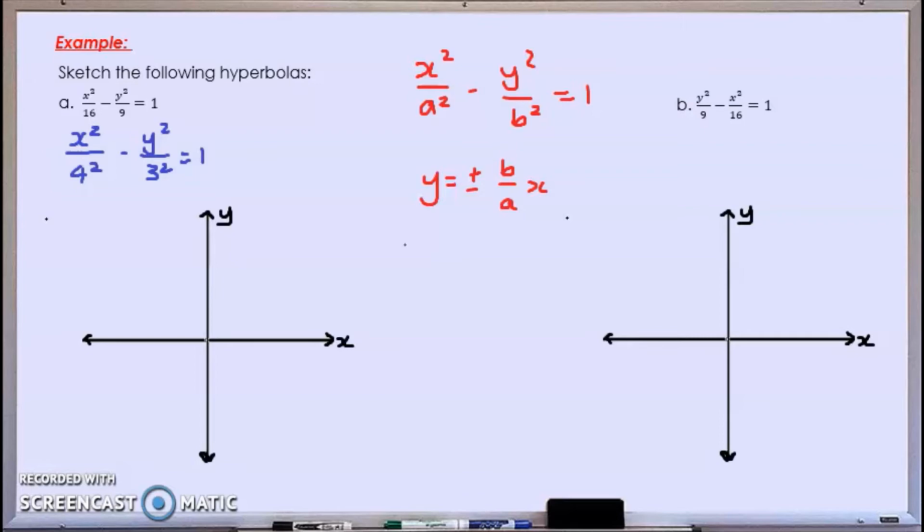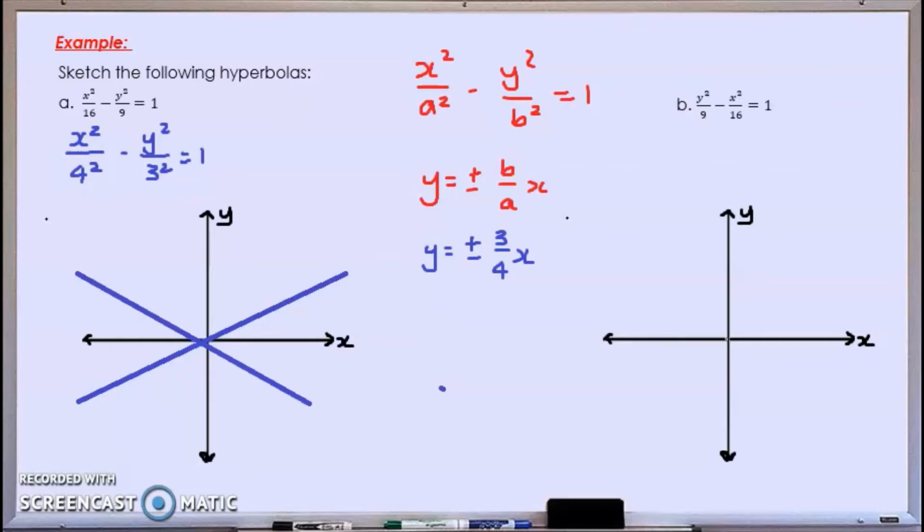That means the equations of my asymptotes for this one, which we'll do in blue, will be y equals plus or minus 3/4 x. So we'll draw the asymptote in, and we'll label the equation. So this one's 3/4 x and this one's negative 3/4 x.